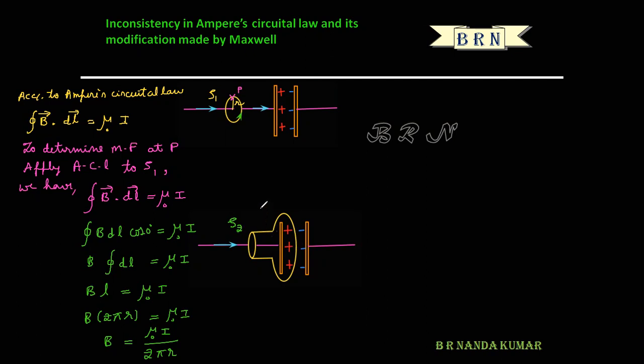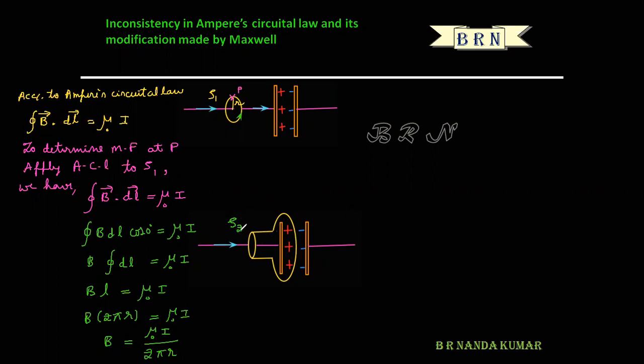Actually, this is a plain circular surface. Here, current passes through the plain circular surface. But what is the current passing through this pot shaped surface? Conduction current through it is zero. No current passes through this surface, because the current carrying wire does not touch the surface.